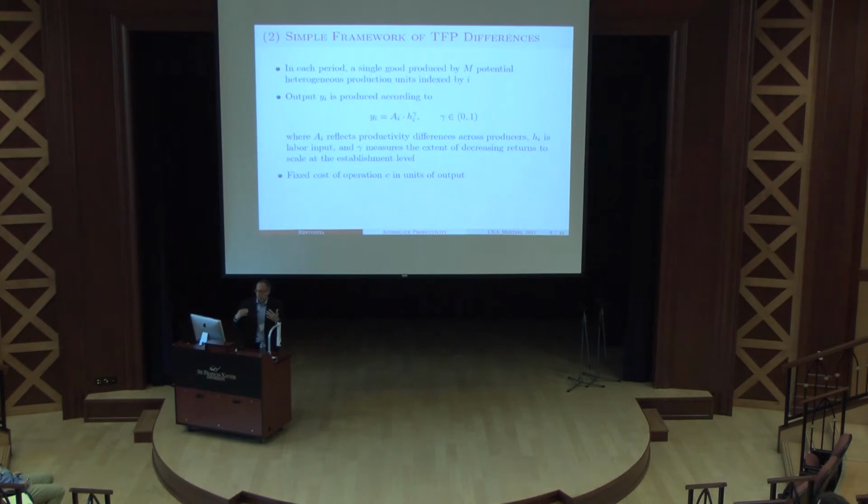One way to view it is that the aggregate production function that comes out of this structure will be constant returns to scale when you endogenize the number of producers that operate in the economy. So this is consistent with our tradition in macroeconomics, where the aggregate production function is constant returns to scale.